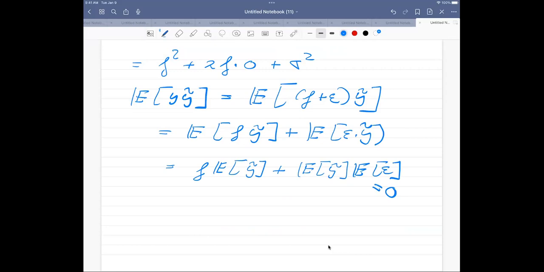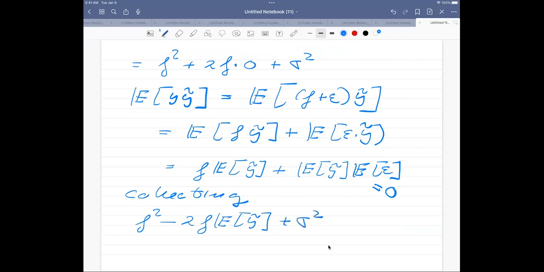So what happens then is that when I collect all these terms, what we have now is something which runs like f squared minus 2 times f multiplied with the expectation value of the model which we have made, plus this sigma squared, plus the variance of the model.